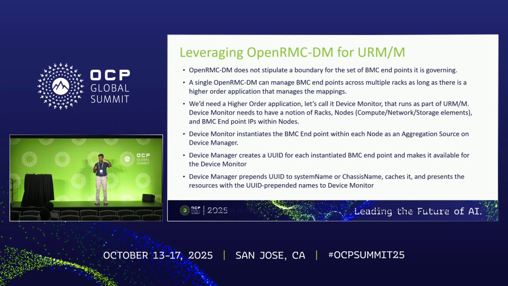When a BMC endpoint is instantiated at the device monitor, what the device monitor does is it creates a UUID to identify that specific BMC endpoint instance, and it prepends that UUID to every resource that will need to be passed on to the device monitor. Essentially, that's what a BMC would do, right?